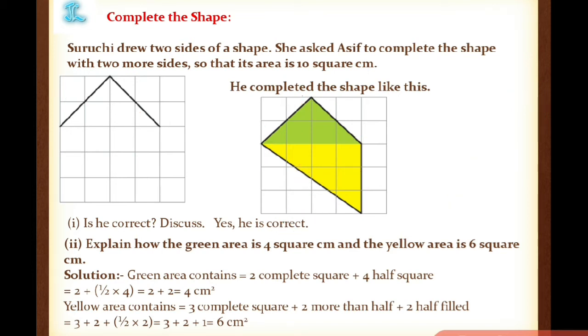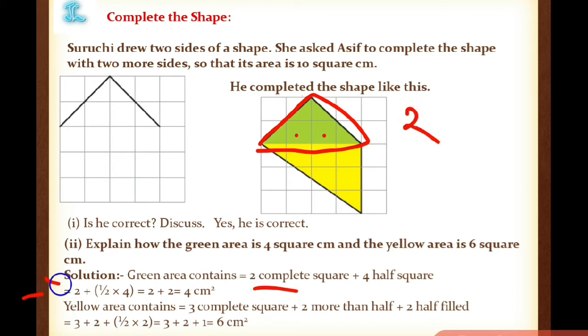Explain how the green area is 4 square centimeter and the yellow area is 6 square centimeter. They're asking us how the green is 4 square centimeters, that is this part, and how the yellow part is 6 square centimeter. Now, first, when we take this green area, how many complete squares are there? 1, 2 complete squares are there. So, 2 into 1 will take it as 2.